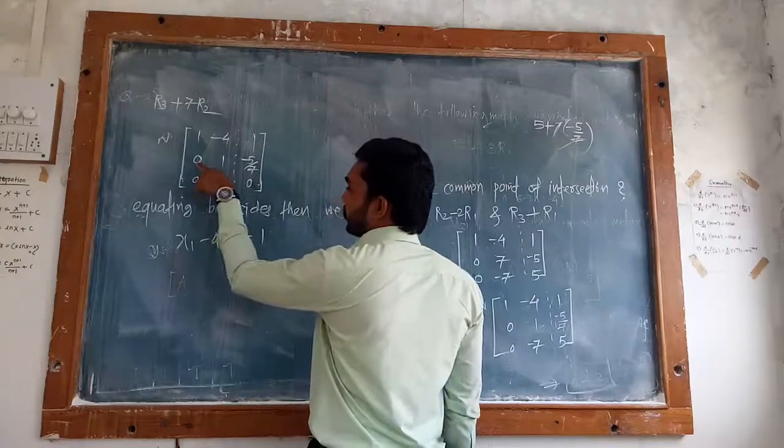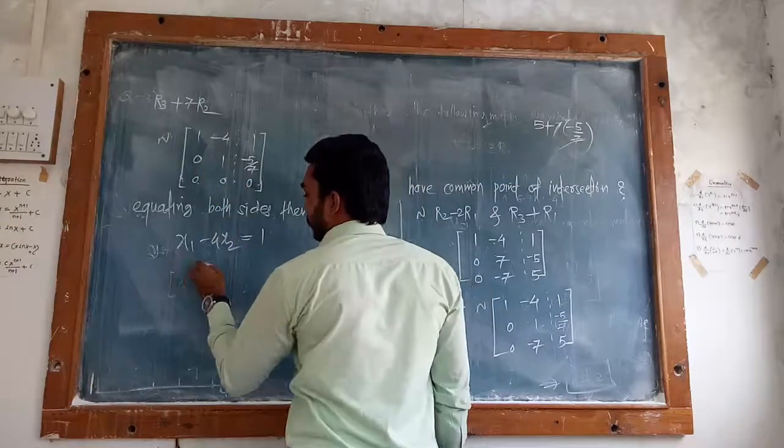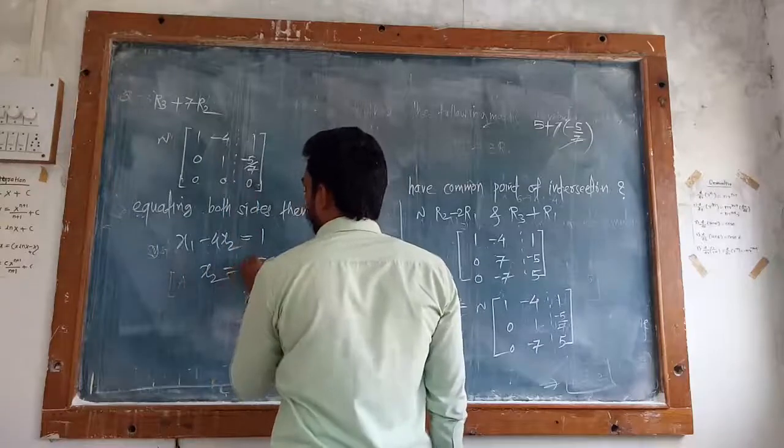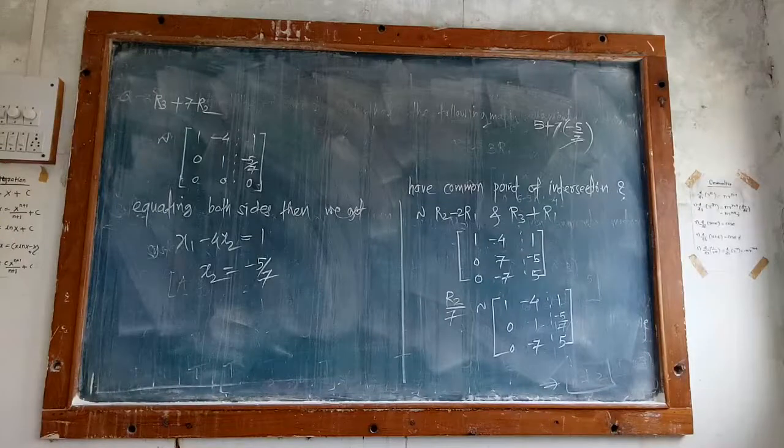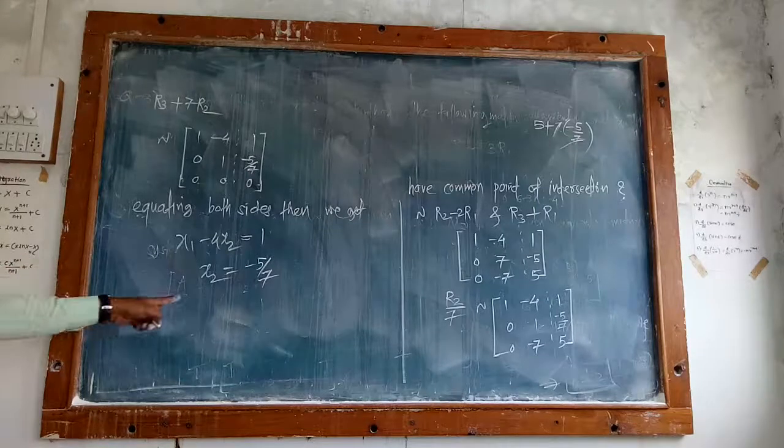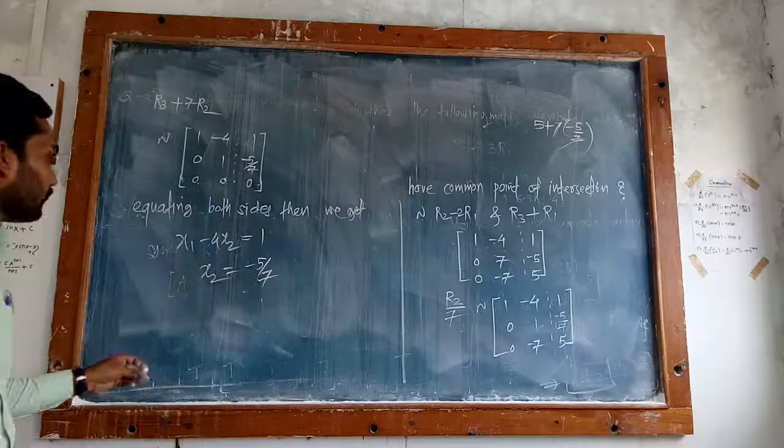Second equation: 0 into x1 is 0, 1 into x2 is x2. So the value of x2 is minus 5 by 7. Right? Therefore we get the value of x2 is minus 5 by 7, and the value of x1.